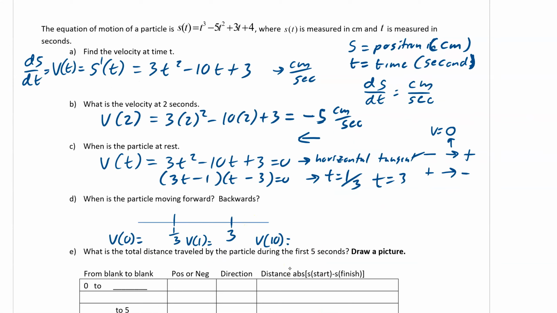So we plug in some numbers that are within that region. So we know 0 is our starting point because time starts at 0. So v of 0 and between 0 and 1/3. So if I plug 0 into our velocity, and I like to use the factored form because it tells us everything, I get 3 times 0 minus 1, which is -1, and 0 minus 3, which is -3, and that's a positive.